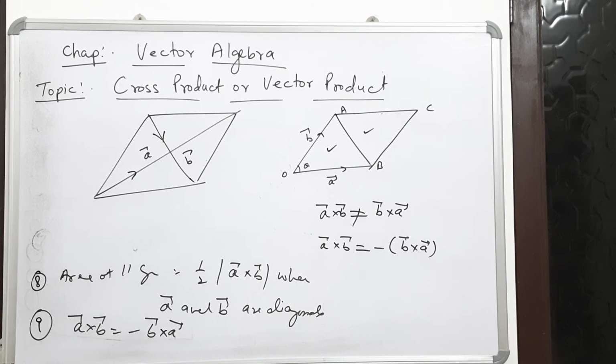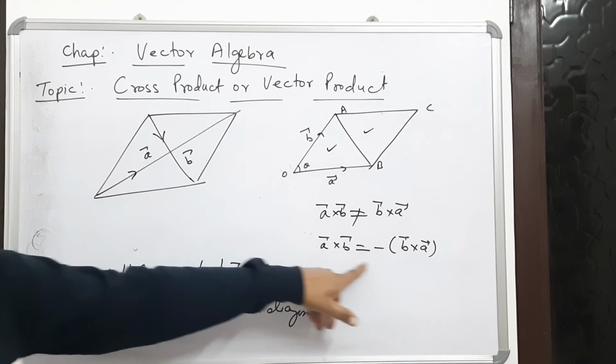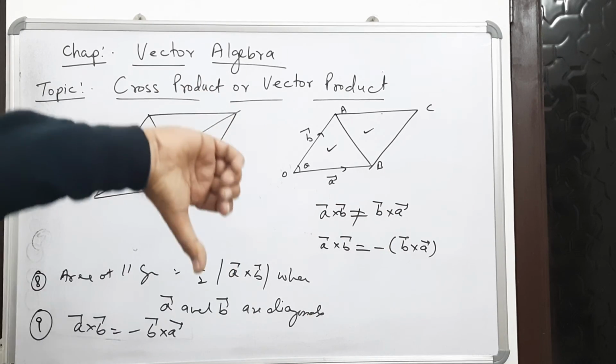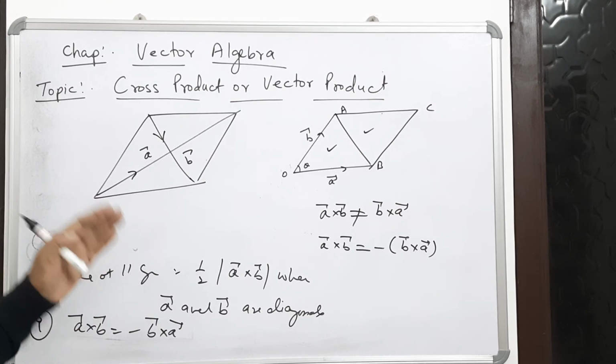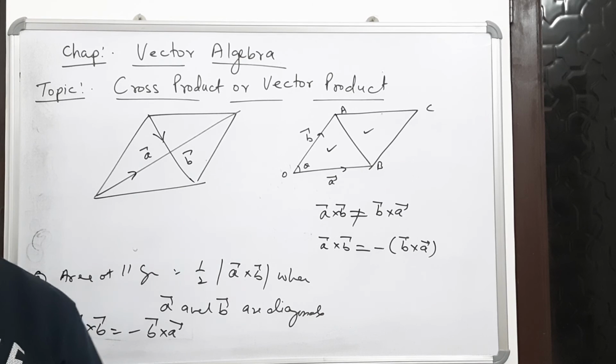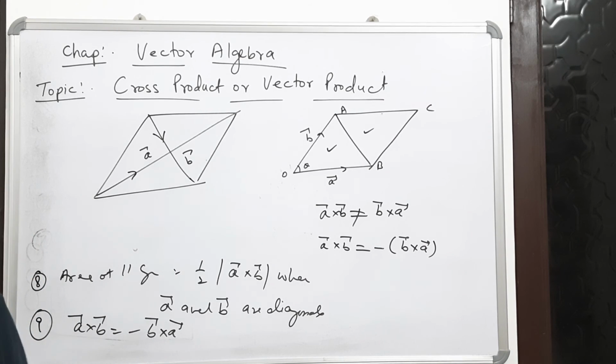That you already know very well in physics. But here we say that it is not equal. The direction changes. So these are the important properties, and there is a 100% chance that problems will be asked from the properties of the cross product.